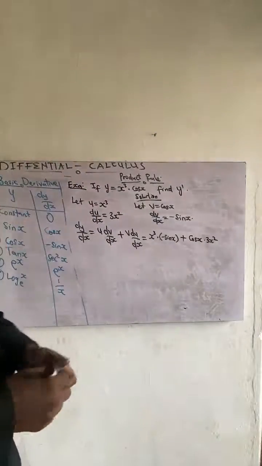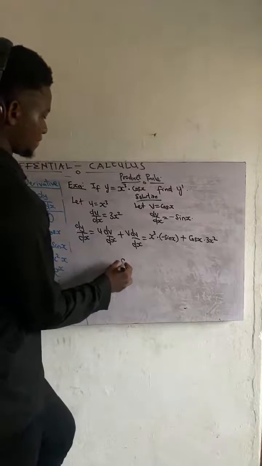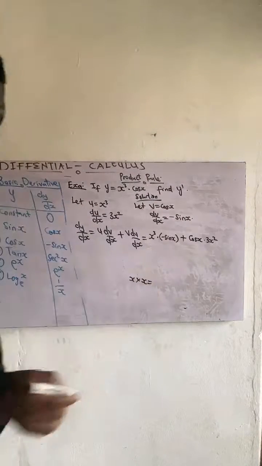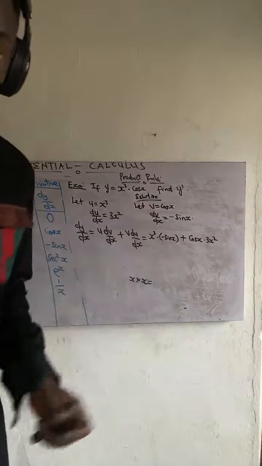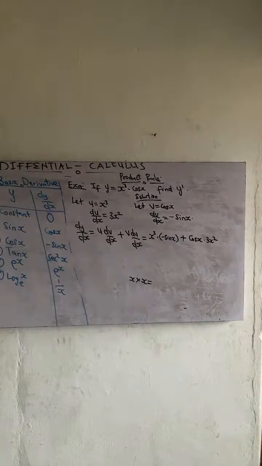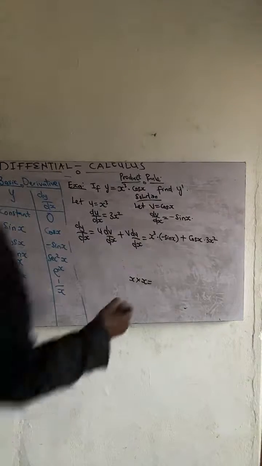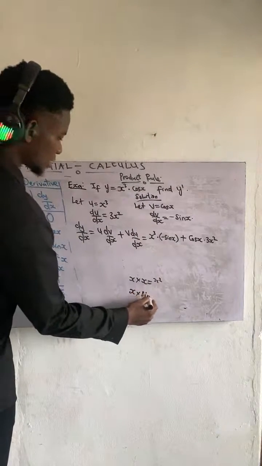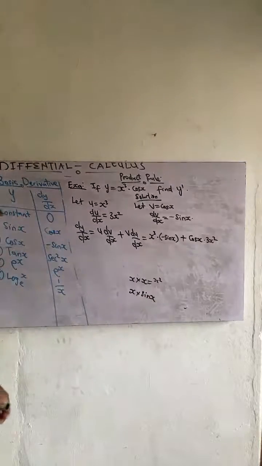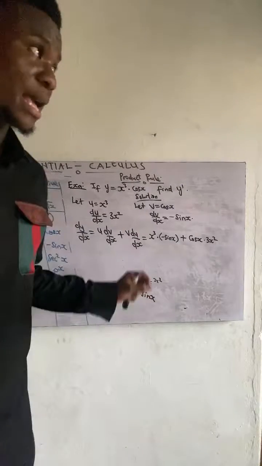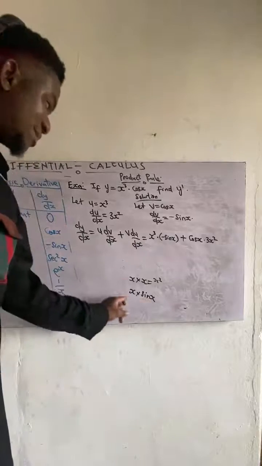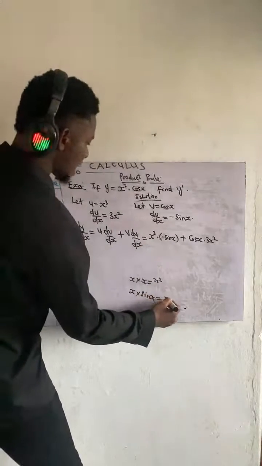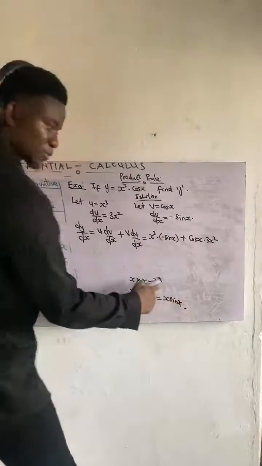What you have to notice is that if you have an expression like x times x, we all know that x times x is what? X squared, right? That is x squared. But if you have something like x times sine x, your x times sine x will never be sine x squared. That's wrong. Your x times sine x would equal x sine x. Do you get that?